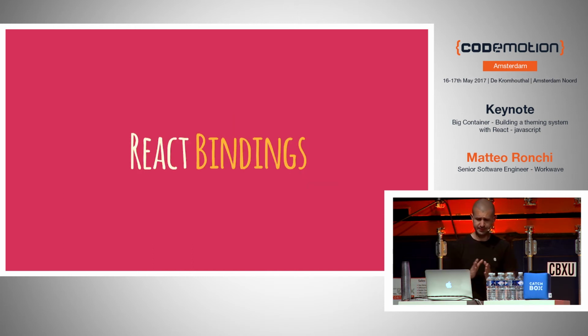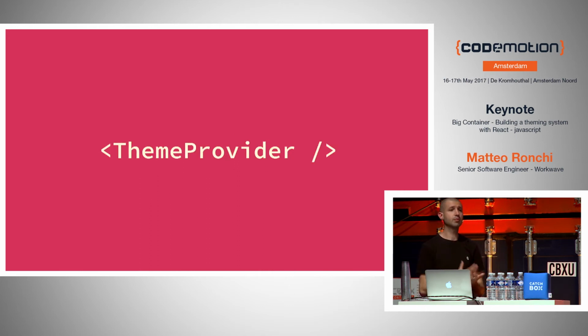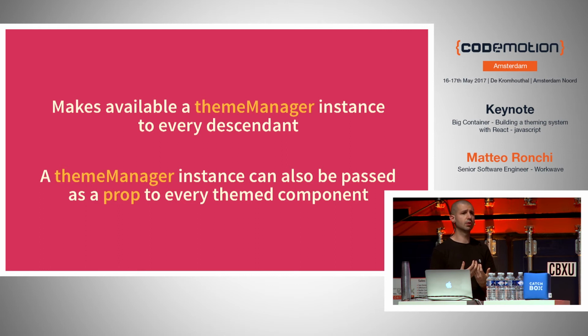Our component will just receive a plain object with the keys background, header, footer, whatever, and will apply it to the UI. Then we have the React binding. I don't know if any of you have ever used Redux and React Redux. We have tried to follow the same approach. So we have a theme provider, a component that must wrap, if not the whole application, all the themed parts of your application, and is responsible for owning and exposing a theme manager instance.